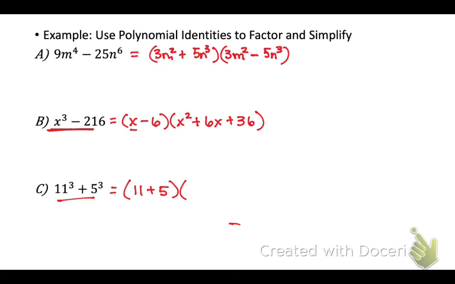So 11 squared is 121, opposite sign. 5 times 11 is 55, and plus 25. So this is 16 in the first one, and the second one is negative 55, and 25 is negative 30, yes?